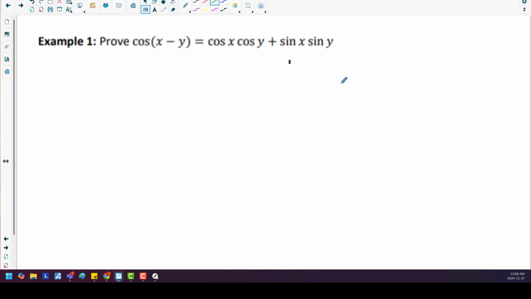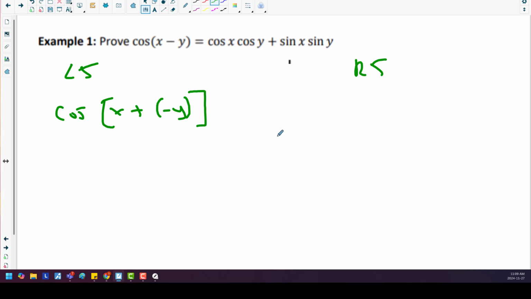Same thing that I just said, but we're going to use trig identities now. We know cos x minus y is the same thing as cos bracket x plus negative y.